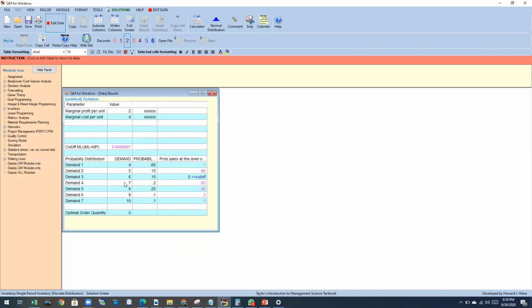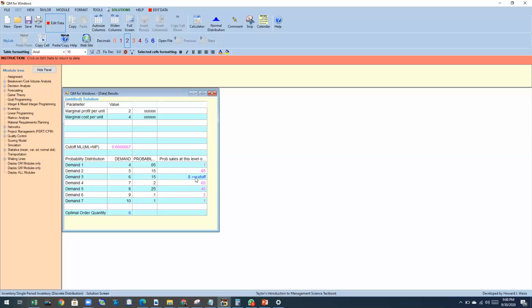The probability of us selling all 7 cartons is only 65%, and that is lower than the probability of loss from an additional carton. So because it is lower, we should not order 7. We should only order 6.